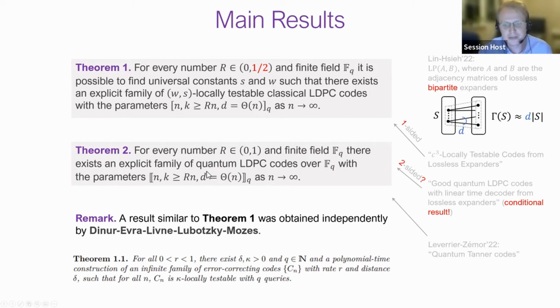So just to summarize, right now we have quite a number of constructions, and if you don't believe in our construction, you can believe in these. Some of these constructions are much simpler than ours.